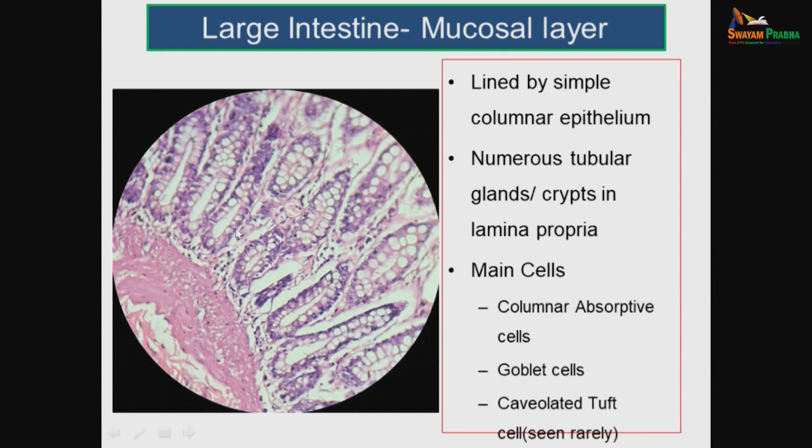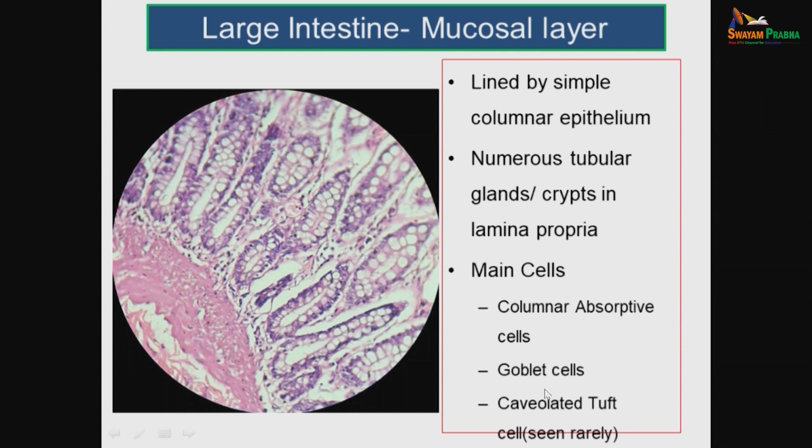So, the ratio of columnar absorptive cells to goblet cells is 1:1 in the ascending colon. For every columnar cell, there will be only one goblet cell, whereas as it moves, it becomes more and more, and the ratio becomes 1:4.